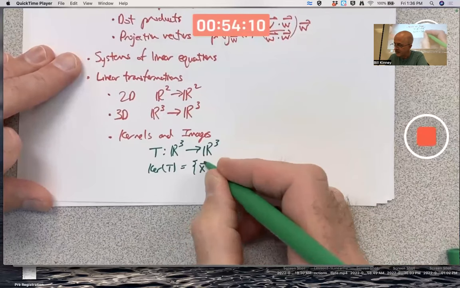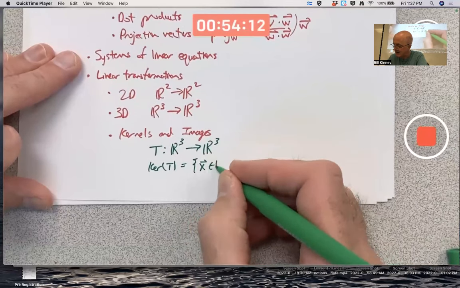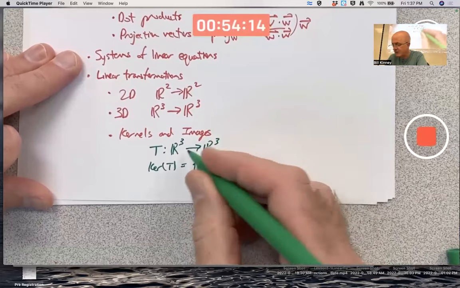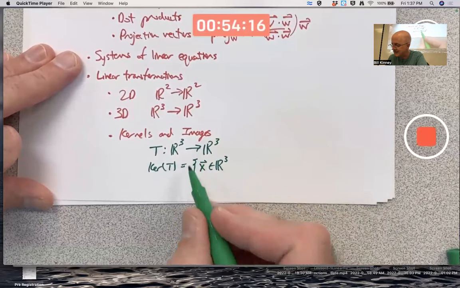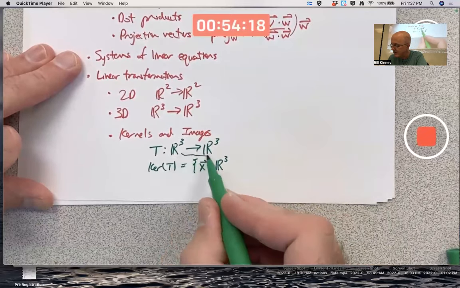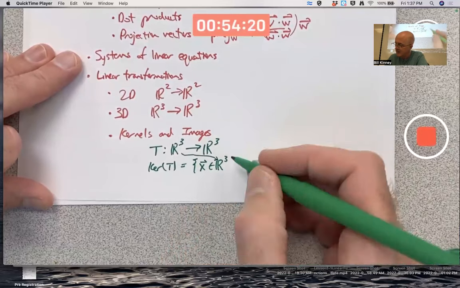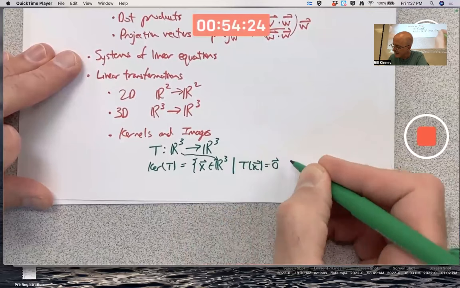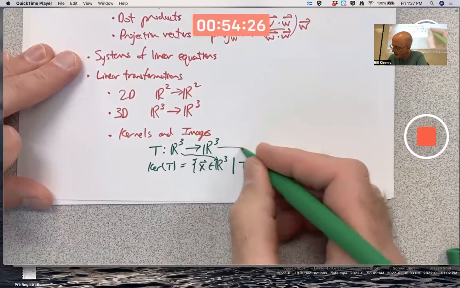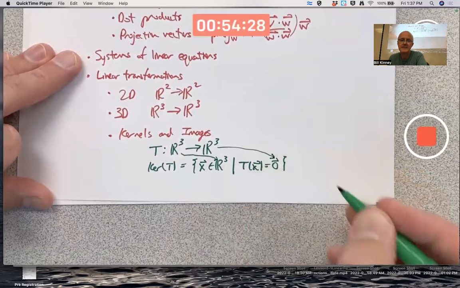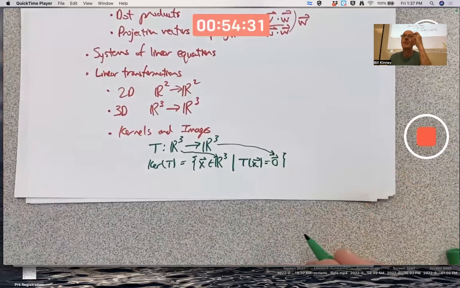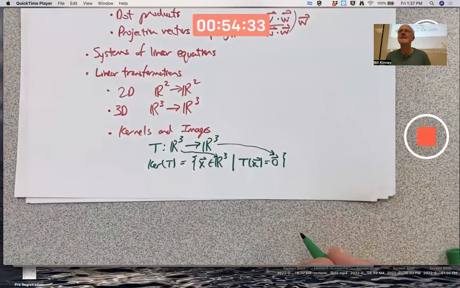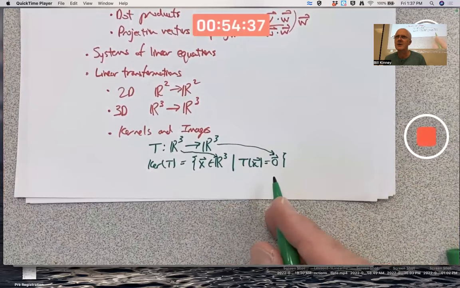All the vectors, column X in the domain, with the property that T of X equals the 0 vector, where that's the 0 vector in the codomain, which also happens to be 3-dimensional space. All the vectors that get mapped to the 0 vector.